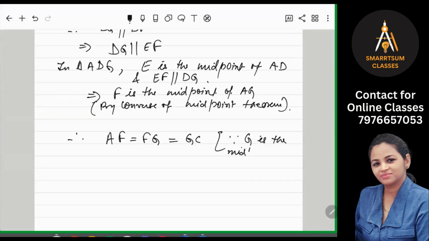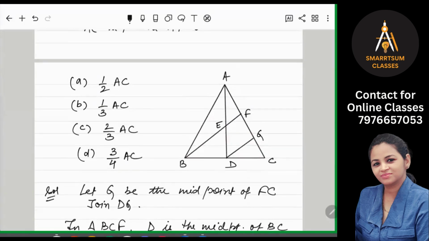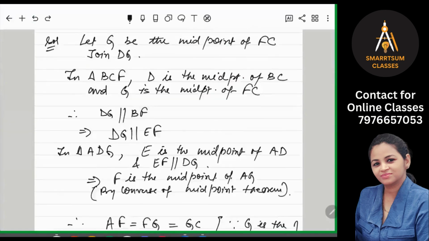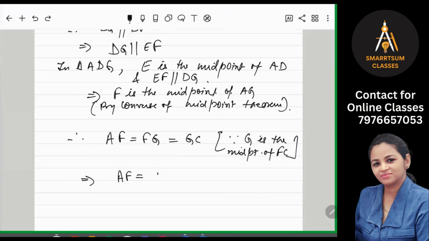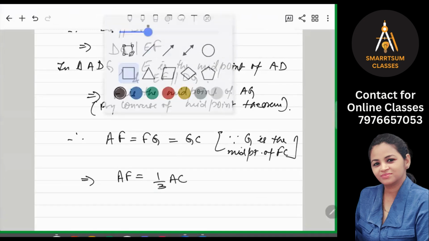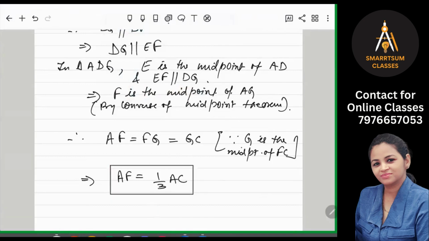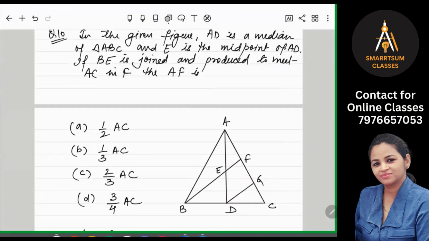So can we say that, because we have divided the whole AC into three equal parts, AF is equal to 1/3 of AC? Yes or no? So which option is correct among these?